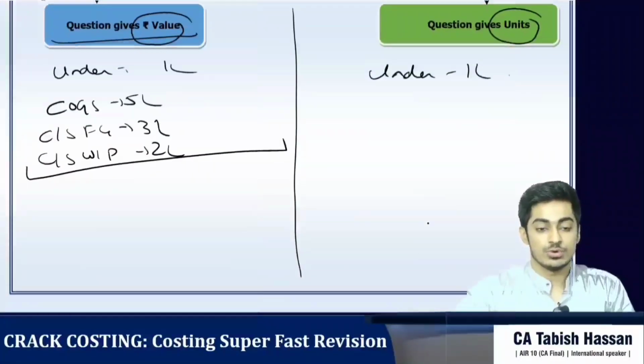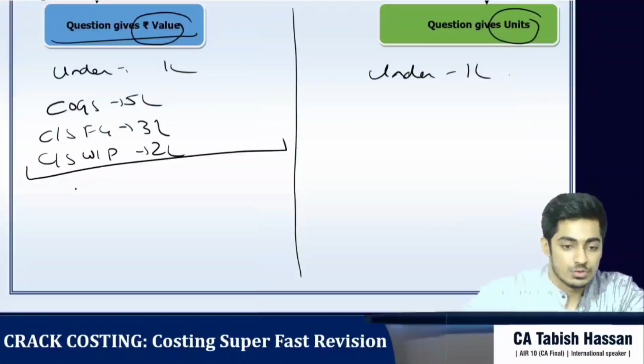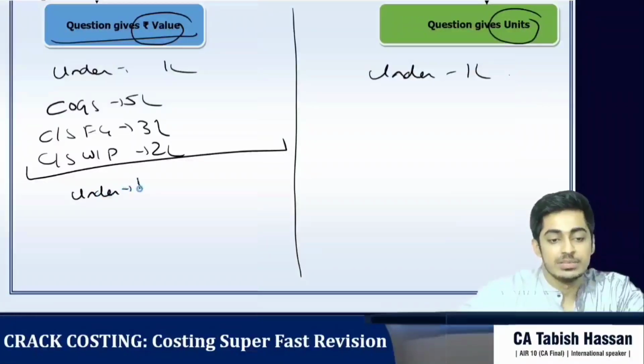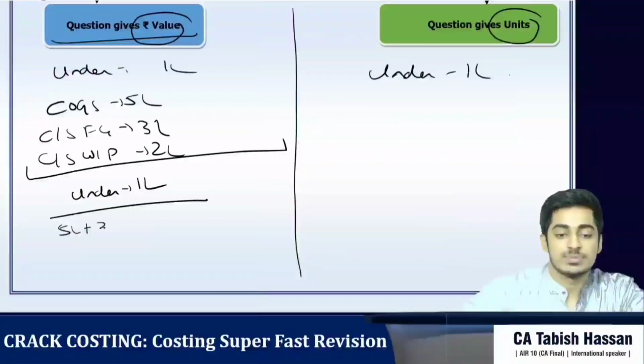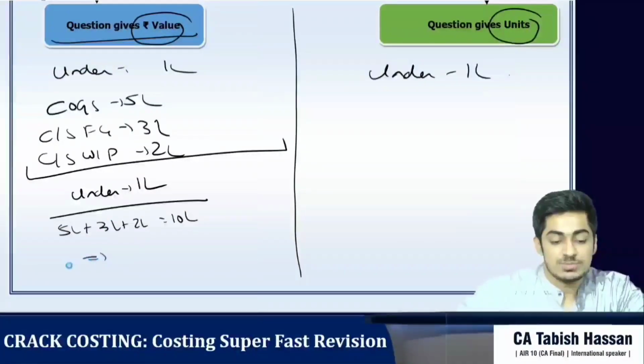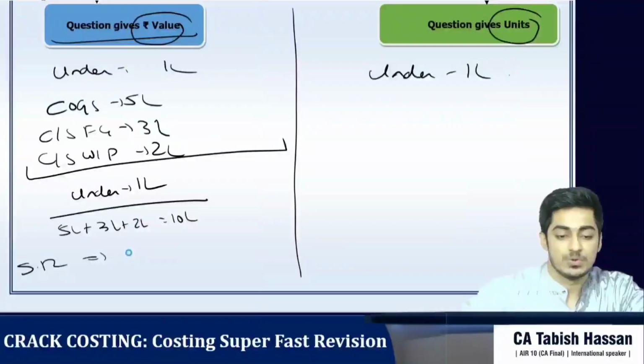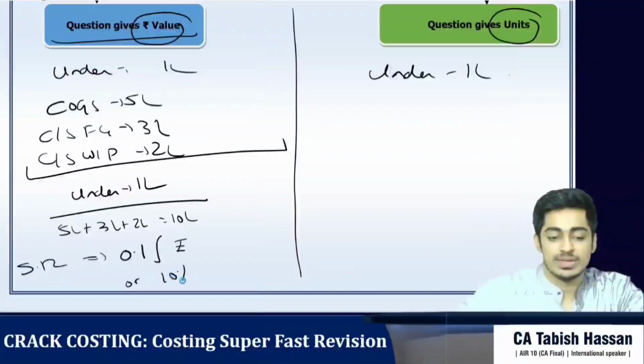The under absorption of 1 lakh has to be distributed amongst 5 lakh plus 3 lakh plus 2 lakh, that is 10 lakh. So the supplementary rate would be 0.1 per rupee, or 10% of cost.